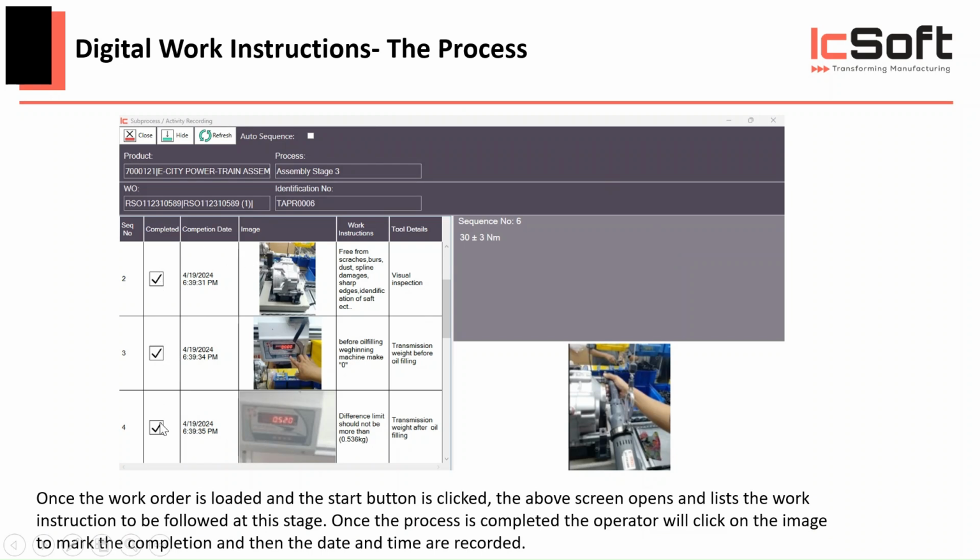So this is a checklist, and once all the actions have been performed, he clicks on this image which shows completion of the process along with a date and timestamp. So this ensures that the exact sequence of steps in performing a particular operation are carried out by the operator, leaving little room for human error or human oversight.